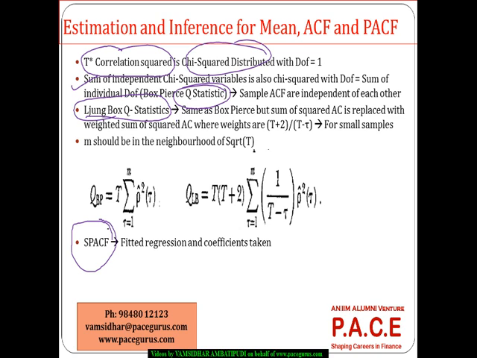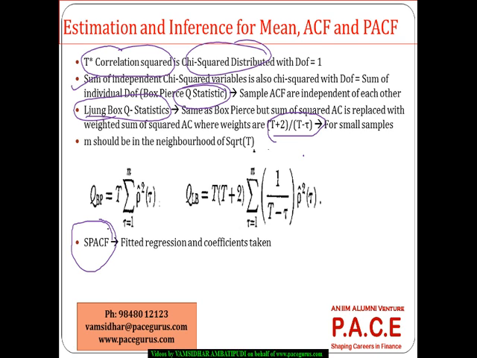Similarly, I can use a Ljung-Box Q statistic also. The only difference is that I'll replace it with t plus 2 instead of directly taking a simple summation of the correlation squares.